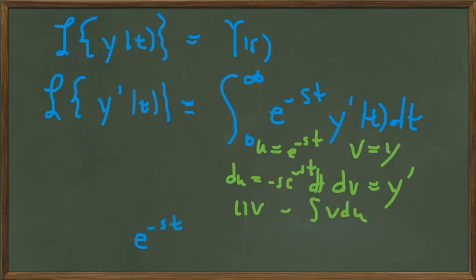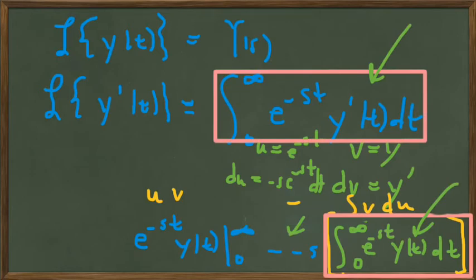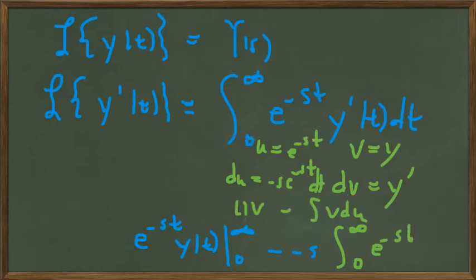So let's set that up. So the u is e to the minus st. The v is y of t. We're evaluating that between 0 and infinity since uv is not in the integral anymore. And then v du, du is minus s e to the minus st, so we brought the minus s out front, and we put the e to the minus st inside, and that's multiplied by y of t.